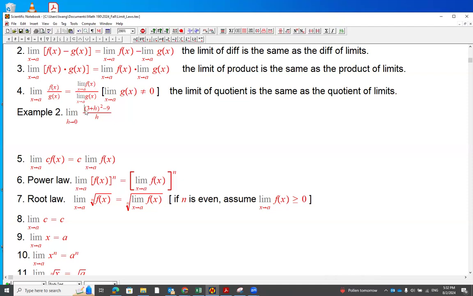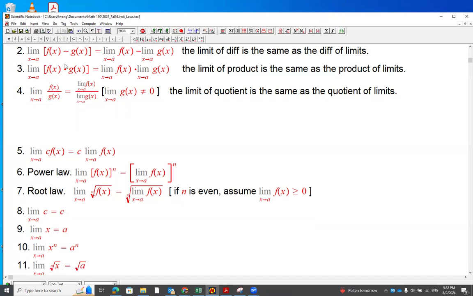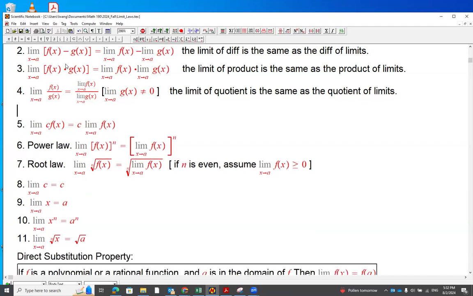Apparently not, right? We have a numerator, we have a denominator. The condition is that the limit of the denominator cannot be 0, even though the limit exists. It doesn't apply, because to apply the quotient law, we have to guarantee the limit of the denominator is not 0. So we cannot apply this one here. So what can we do?